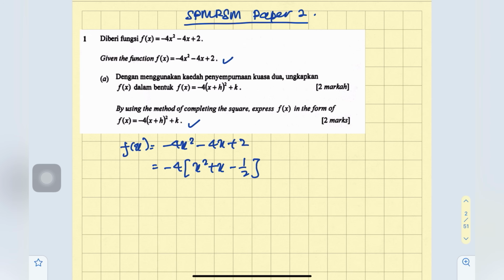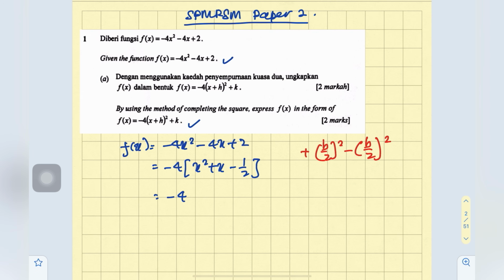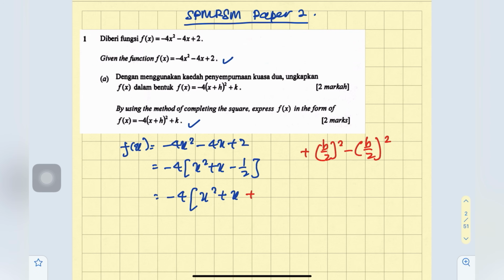Then the next step, we add b over 2 squared minus b over 2 squared. So this one is negative 4 times x squared plus x, plus b is 1, so 1 over 2 squared minus 1 over 2 squared.